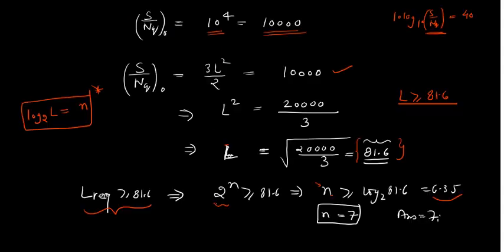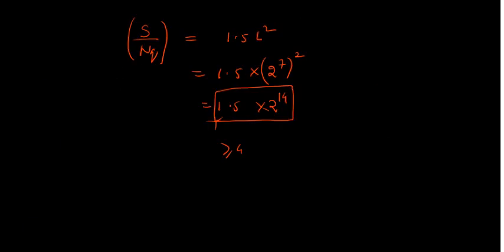Since we cannot take n as 6.35, we can either take n as 6 or 7. If we take n as 6, the SQNR which we get at the output of our PCM system would be less than 40, but we want our SQNR to be more than 40.